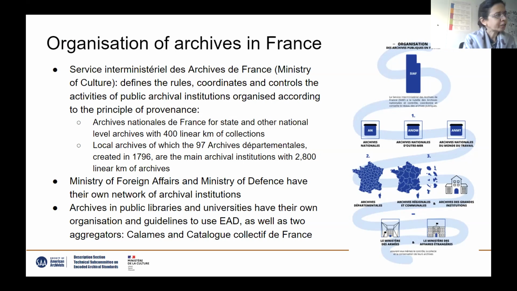In the network of public archives, the National Archives, created in 1791, are responsible for the state and national level archives. They have produced about 30,000 finding aids since the 19th century.